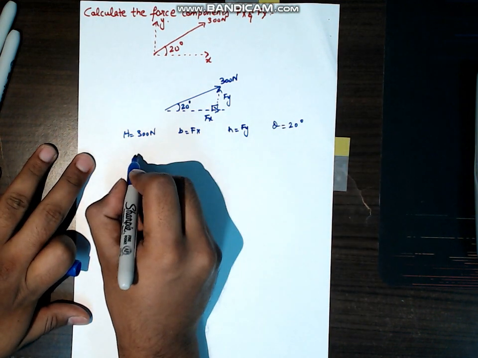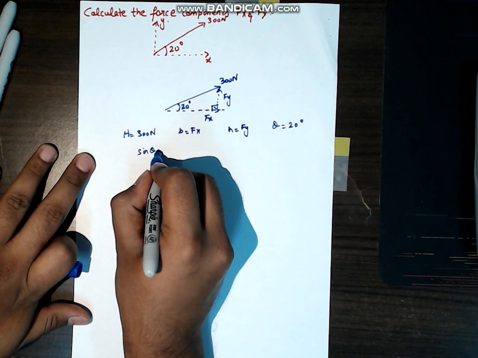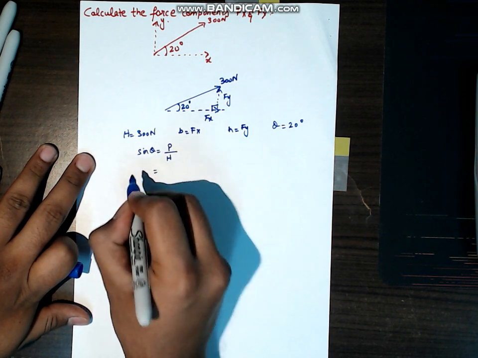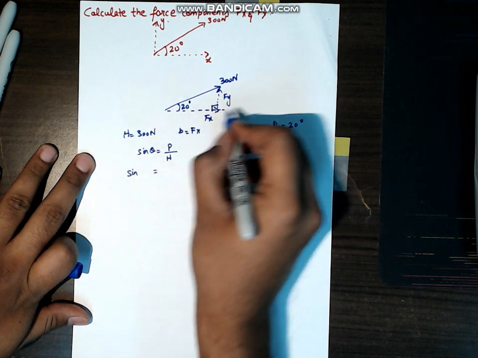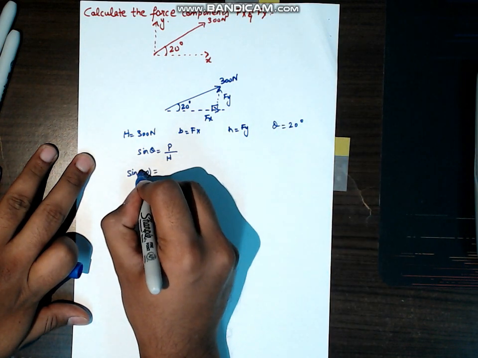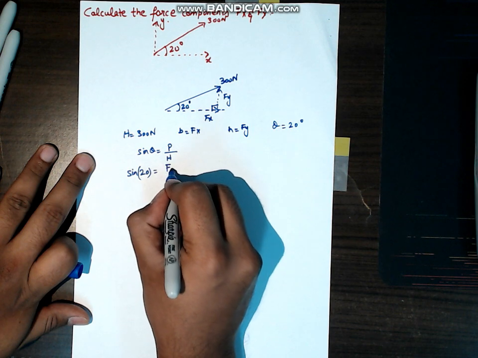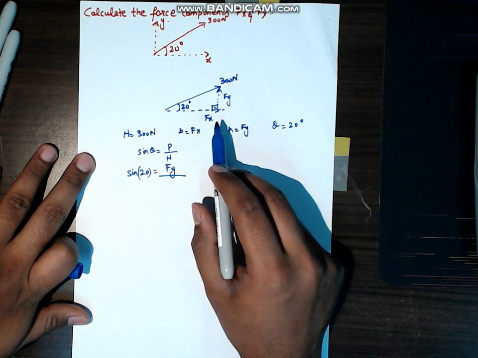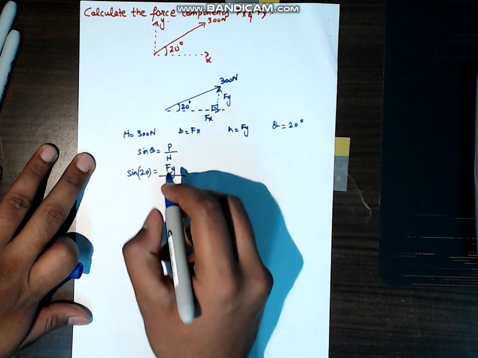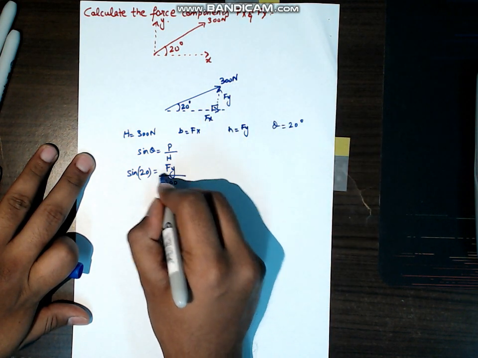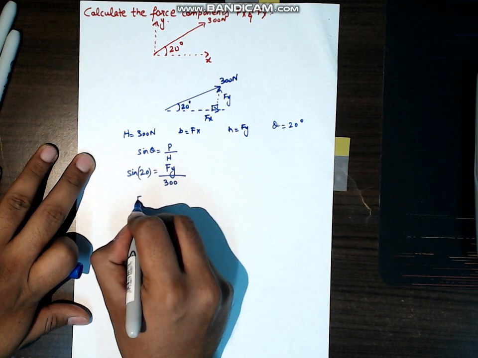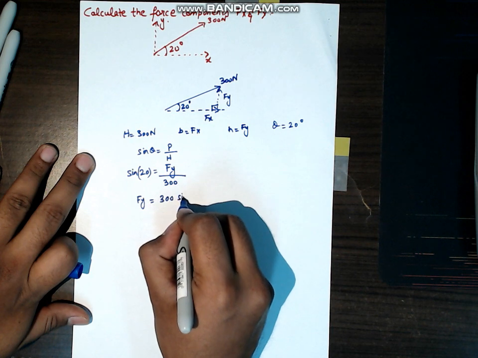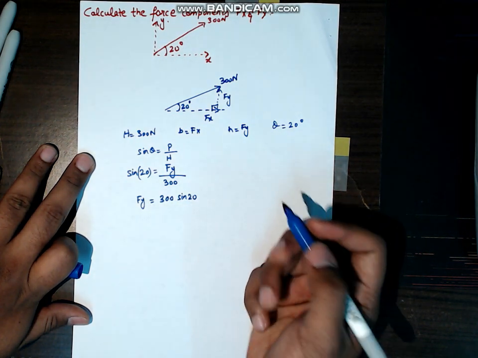So using this formula, sine theta is equal to perpendicular upon hypotenuse. We know that theta value is 20, our perpendicular is Fy, and our hypotenuse is 300. So rearranging the equation, we get Fy is equal to 300 sine 20.